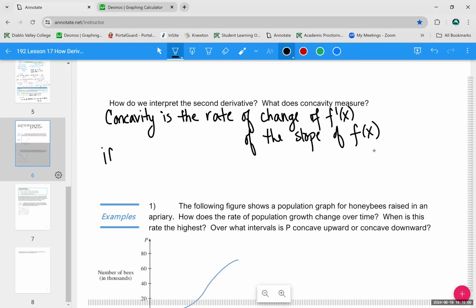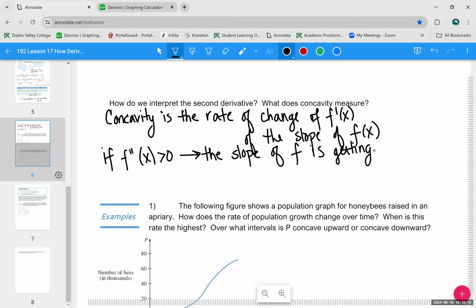So let's think of it this way. If f double prime of x is positive, that means the slope of f is getting larger. So just like we talked about with acceleration and velocity to tell if something is speeding up or slowing down, when we say it's getting larger, it matters if the thing you're talking about is positive or negative.